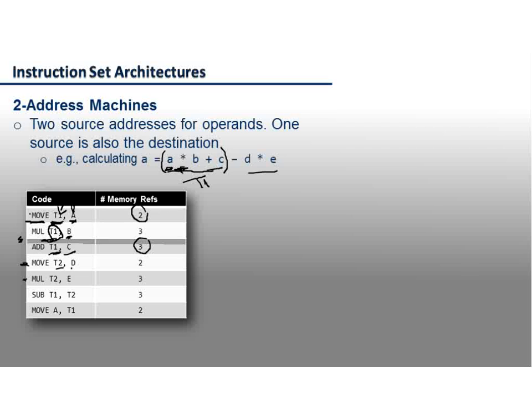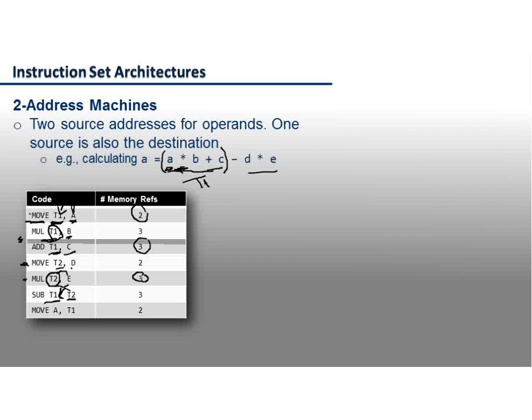Same thing. We need to multiply T1, which has the value of D, by E. So we have three memory accesses. Now we have the value of T2 ready because it will store inside. Now straight away we just need to subtract T1 and T2. Now when we subtract them, where is the result stored? It has to be stored in T1 because this is the way it works.